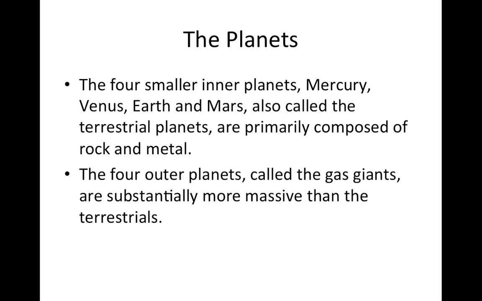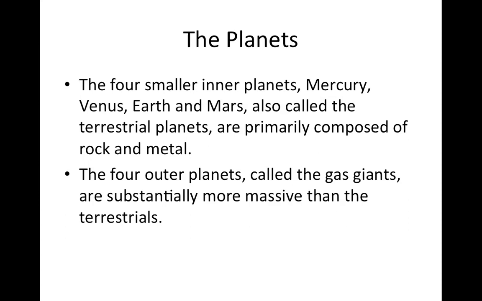Now, the 8 planets are divided into 2 categories. The first 4, which are the inner planets, Mercury, Venus, Earth, and Mars, are called the terrestrial planets because they're composed mostly of rock and metals, right?